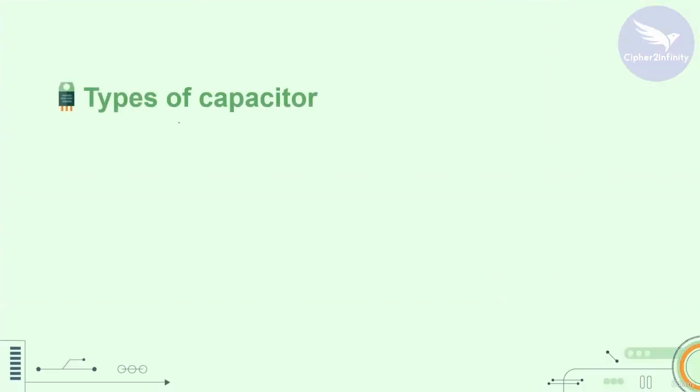So now let me show you the different types of capacitors which are available in market, and I'm not listing all the different types of capacitor which are available. Out of all the available capacitors, I'm just going to list out only those capacitors which are very frequently used. Okay, so the first one is ceramic capacitor. This capacitor is very frequently used when we design the circuit or when we design the hardware.